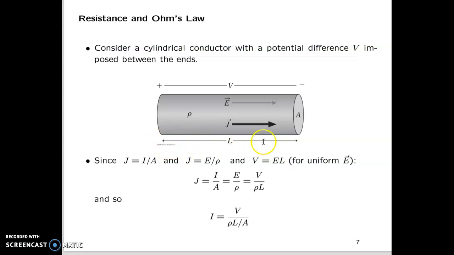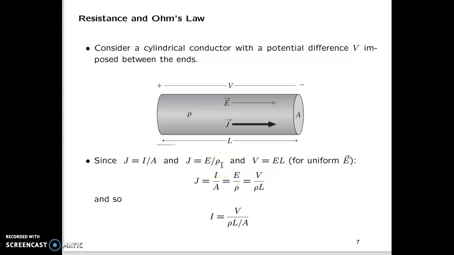And L is the length from one side to the other. Current density, you'll recall, J was I divided by A. But we also know from Ohm's law that J is proportional to E. The proportionality constant is sigma, or equivalently, 1 divided by rho, the resistivity.